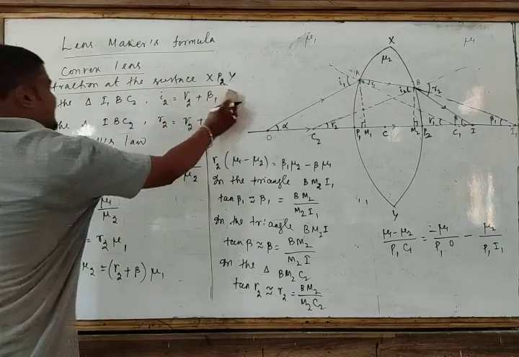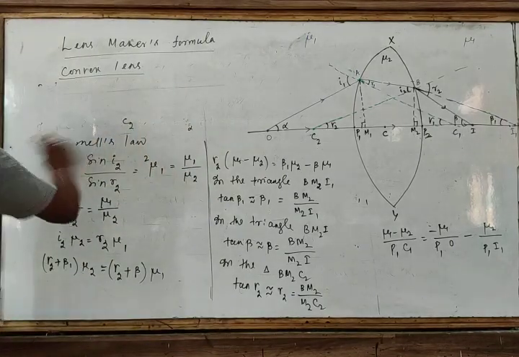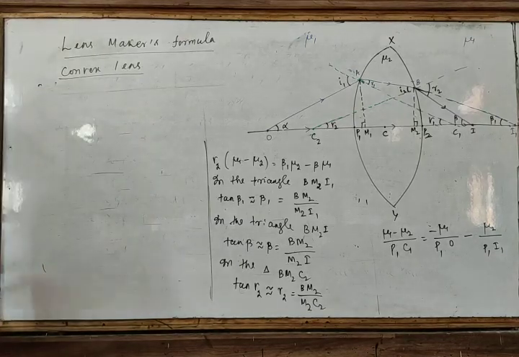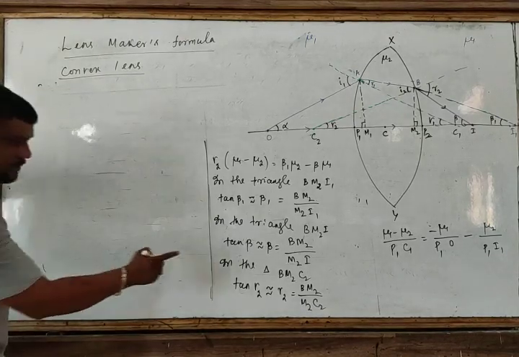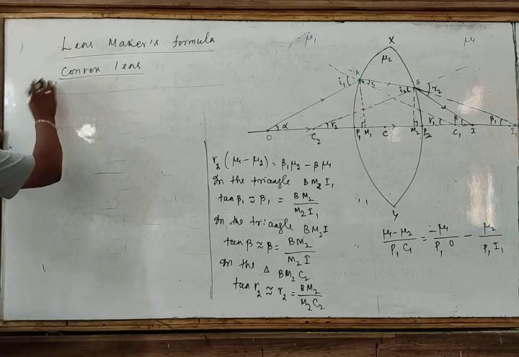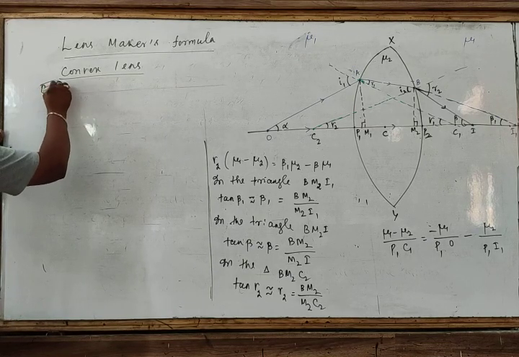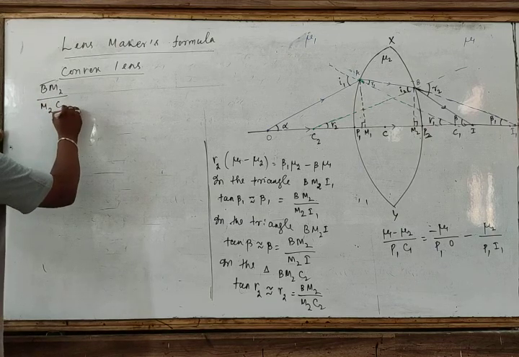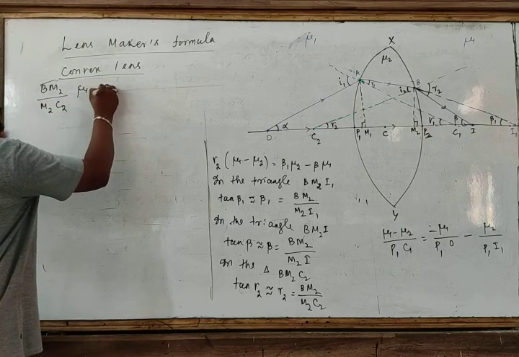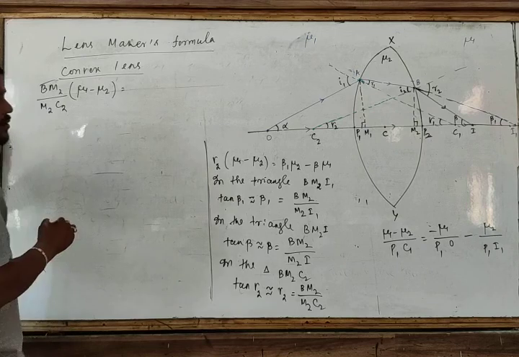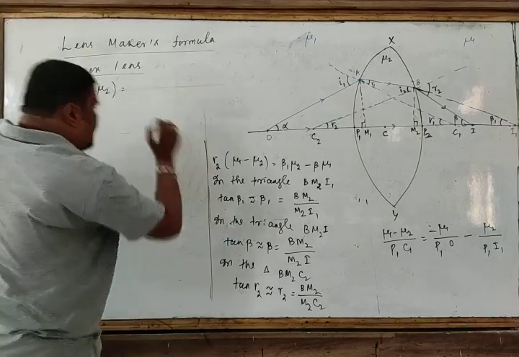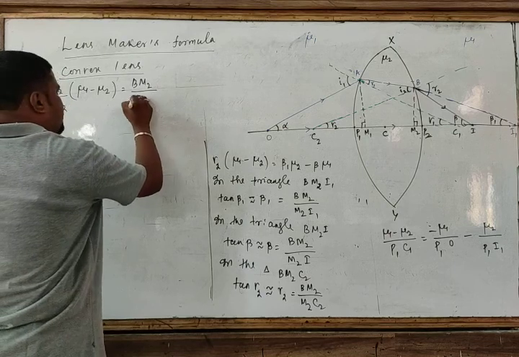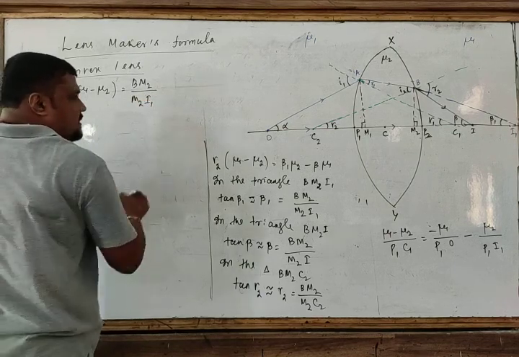If you put that in this expression, then we will get gamma 2: B M2 divided by M2 C2 times mu 1 minus mu 2 is equal to beta 1, B M2 divided by M2 I1.